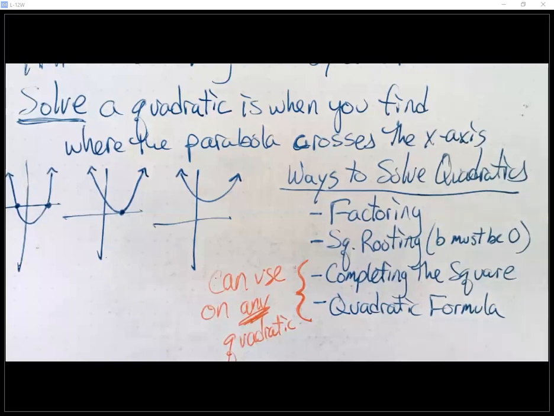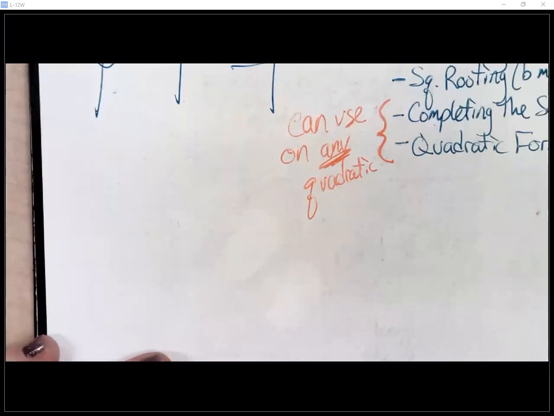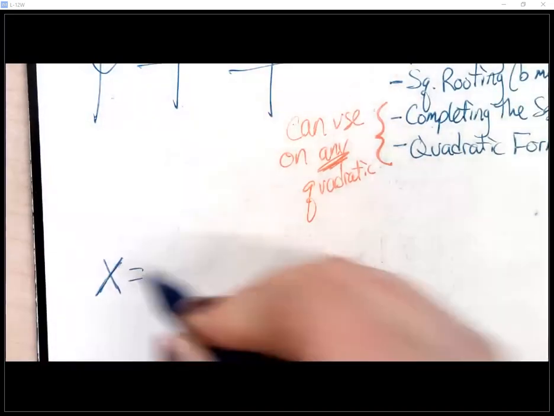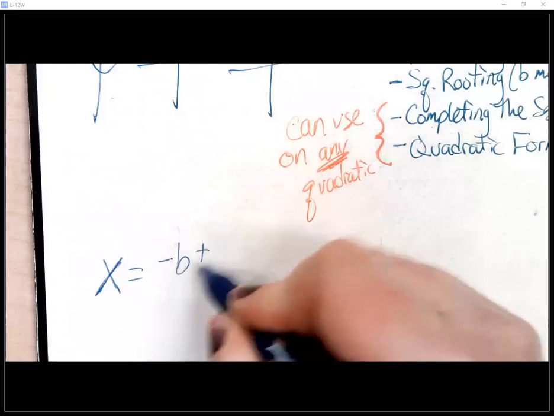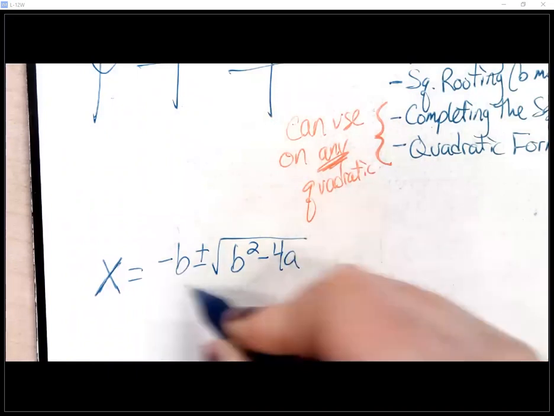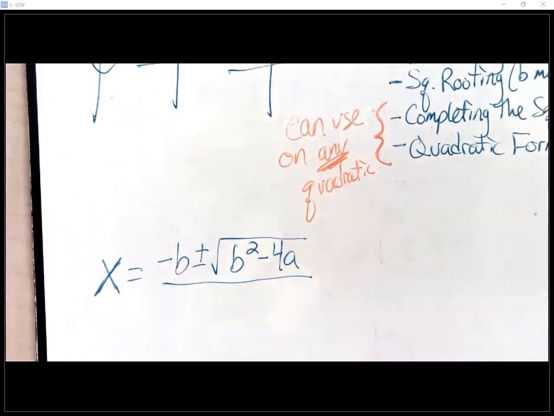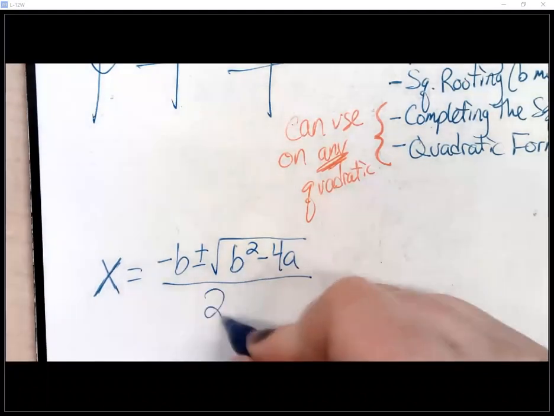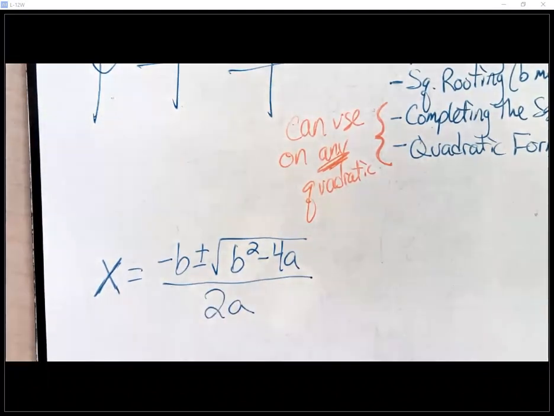Everybody think they remember? Go ahead, give it a shot. I just don't remember the denominator. The opposite of B plus or minus the square root of B squared minus 4ac. Anybody remember the denominator? It's all over 2a. Negative B plus or minus the square root of B squared minus 4ac.